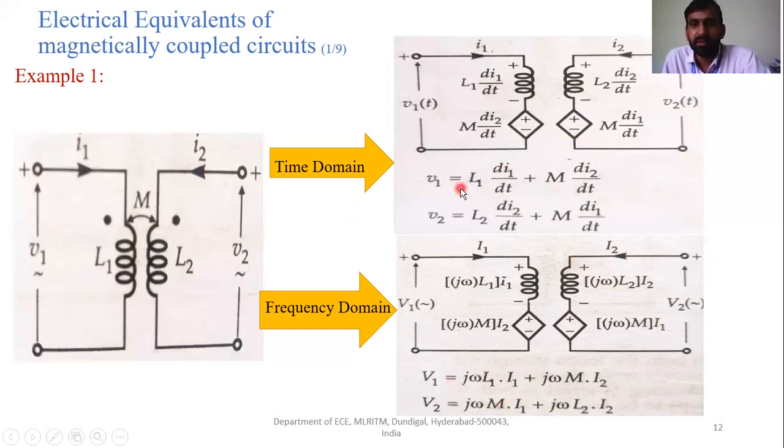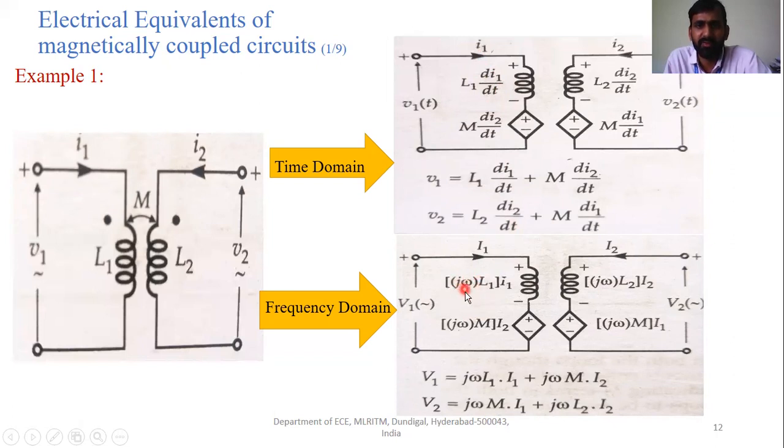You can check this one. Simply, the circuit is going to be the same. The only difference is the terms, the voltage terms. Here we have L1 di1 by dt, whereas in the frequency domain, coming to the derivative of the signal I1, di1 by dt: when you want to convert a derivative of a signal from the time domain to the frequency domain, just multiply with j2 pi f.